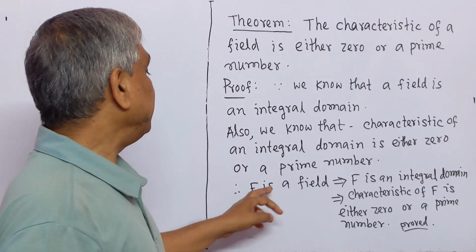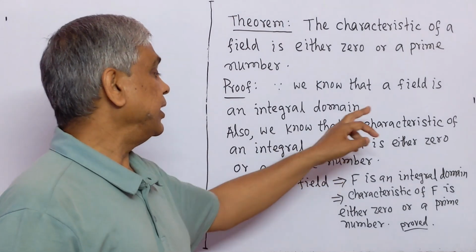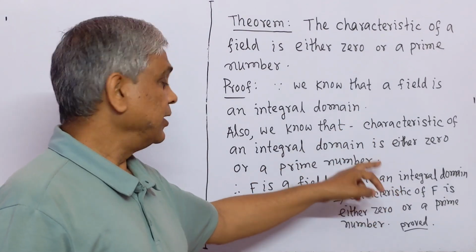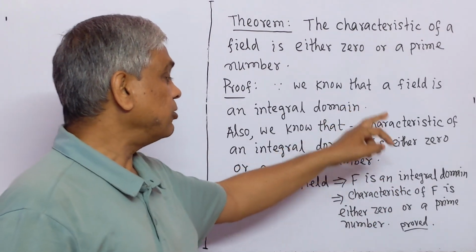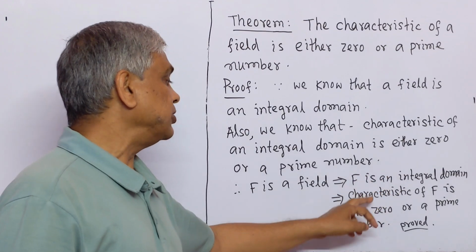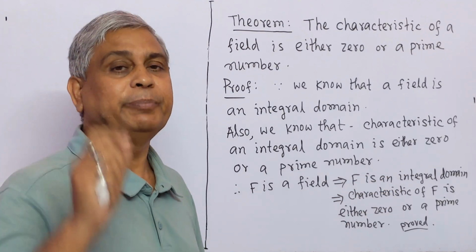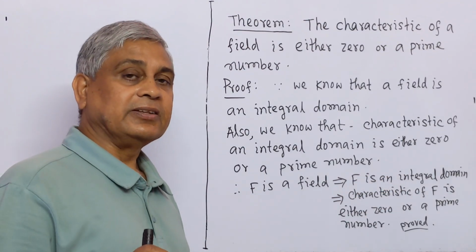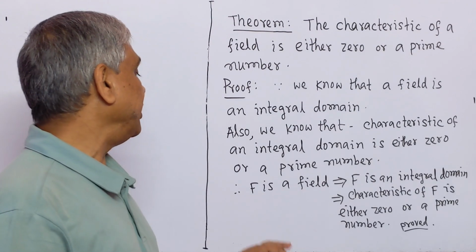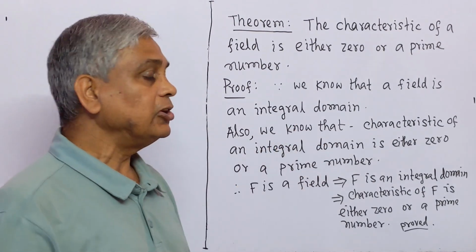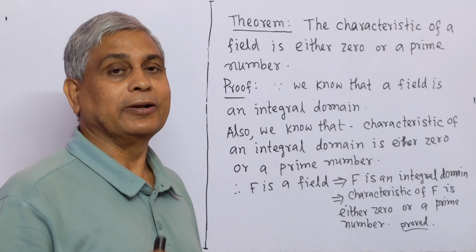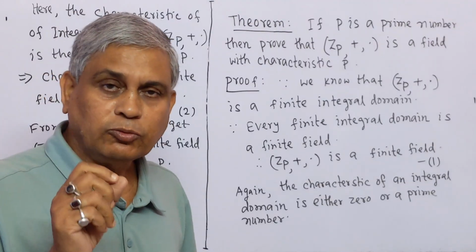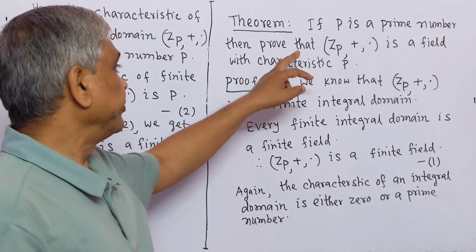Therefore, F is a field implies that F is an integral domain, implies that the characteristic of F is either 0 or a prime number. Proved.